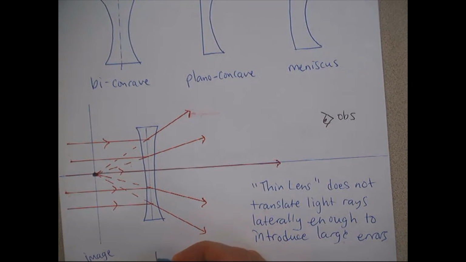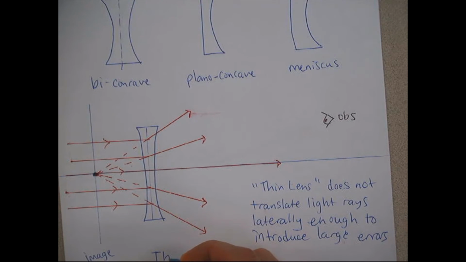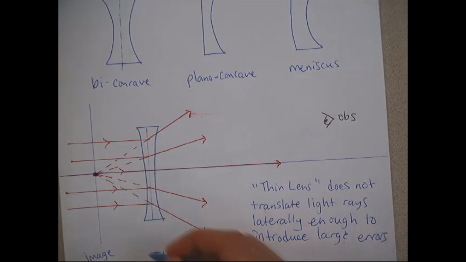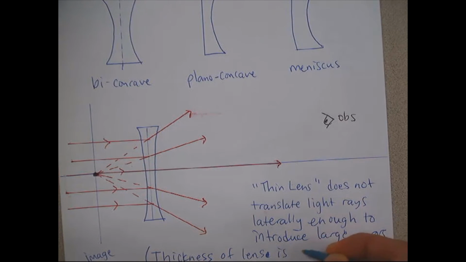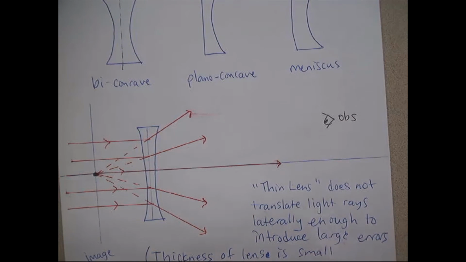Or another way of saying this is the thickness of the lens is small compared to its radius of curvature.